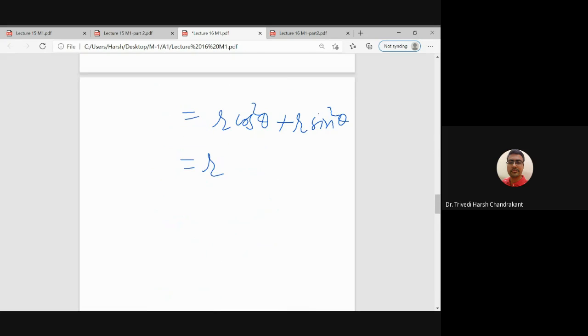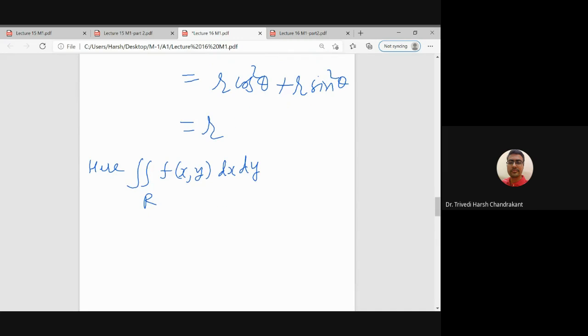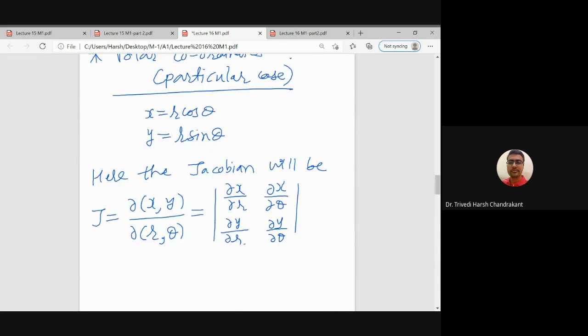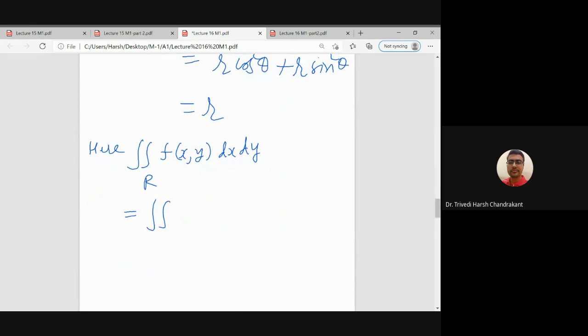So here the integral of f(x, y) dx dy will become the integral over T, where instead of x we substitute r cos theta, instead of y we substitute r sin theta, times the modulus of the Jacobian.